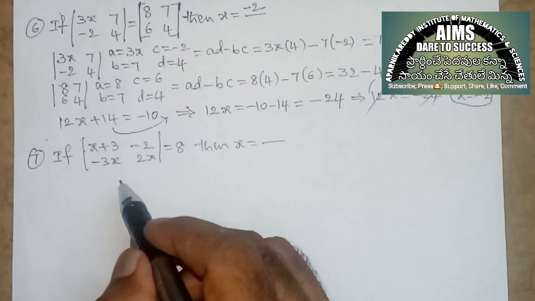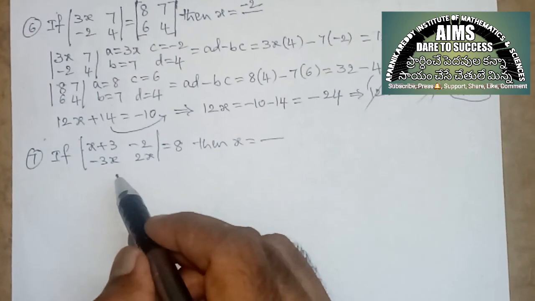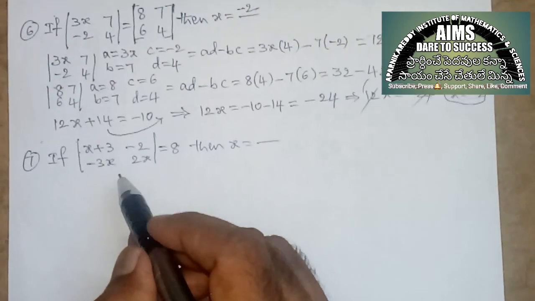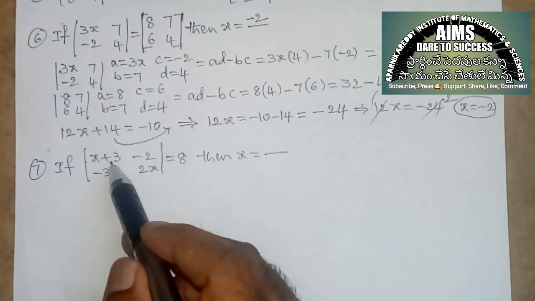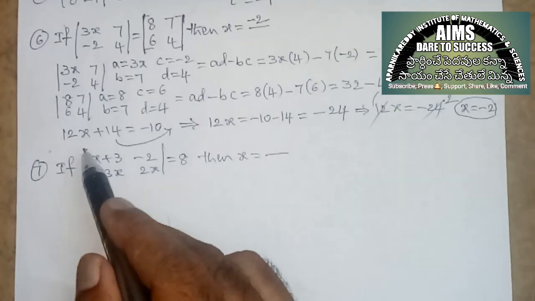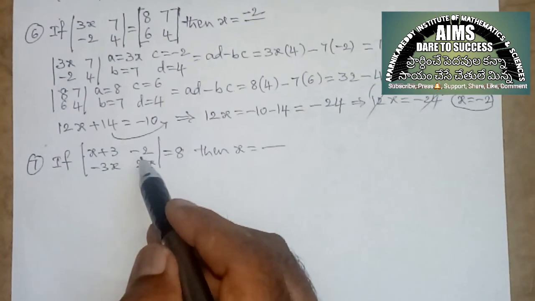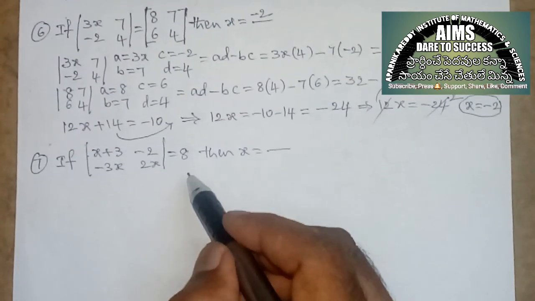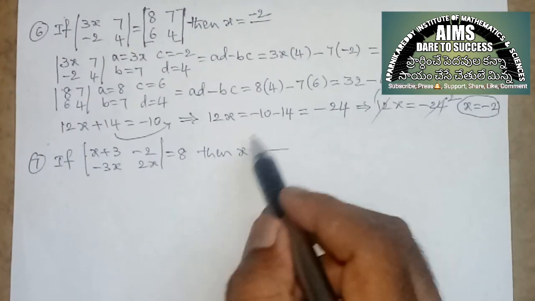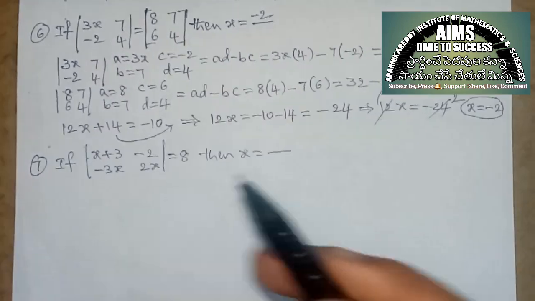Next, one more example related to determinant of order 2 by 2. Given question is mod or det, both are same. So det of x plus 3, minus 2, minus 3x, 2x is equal to 8. Then you can find x value.